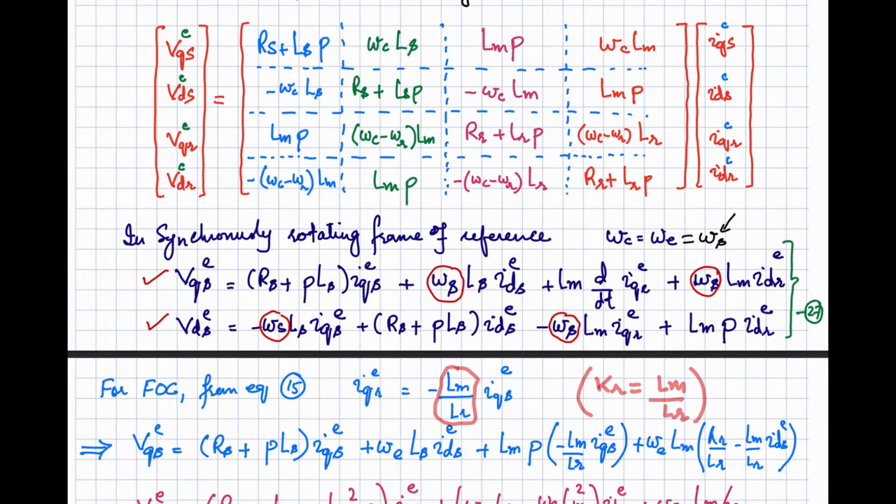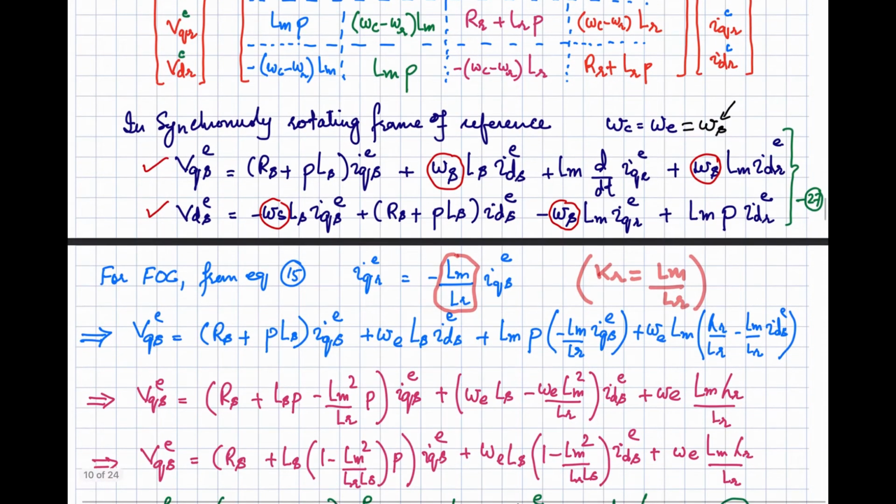The squirrel cage induction motor is the simplest and most widely used induction motor in the industry because of its simple structure. But in that we cannot access the rotor side, so we estimate the rotor current using these theoretical equations, those we have set up in the previous lectures.